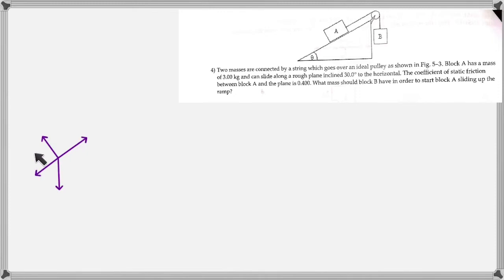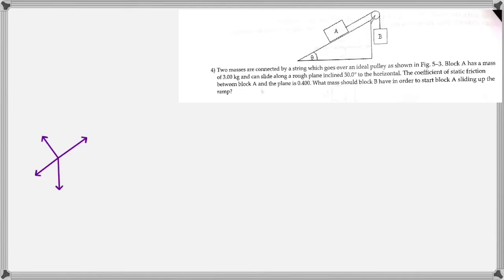So we need not do anything to these forces. They are either along the X or the Y-axis. But the weight is neither along the X nor the Y-axis. Therefore, we need to resolve it, or in other words, break it into its components. That's what we're going to do.